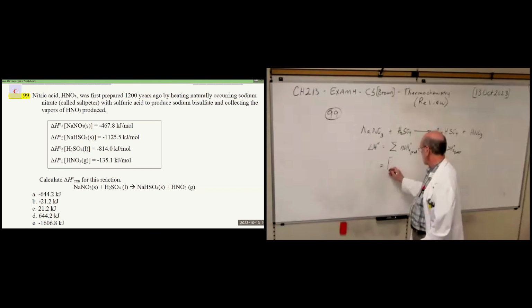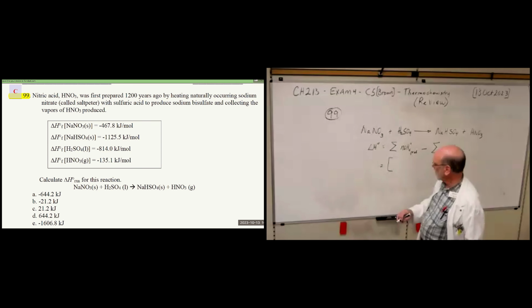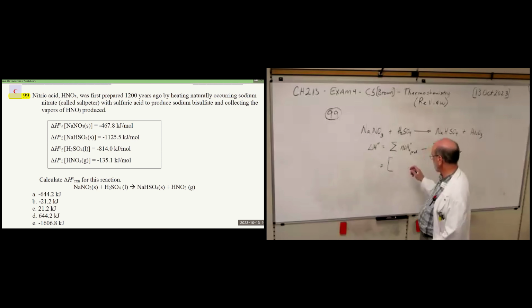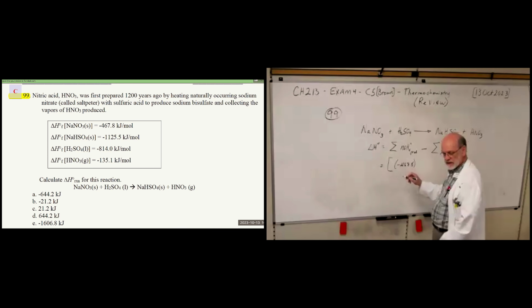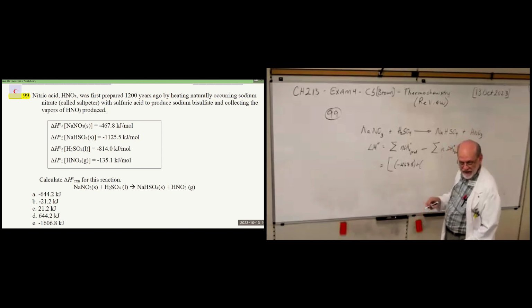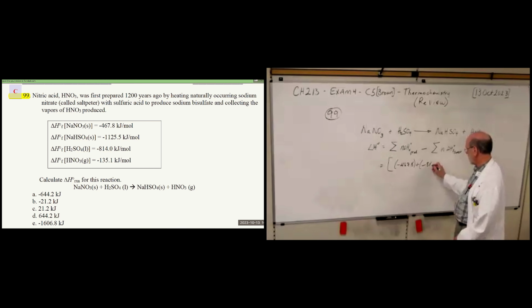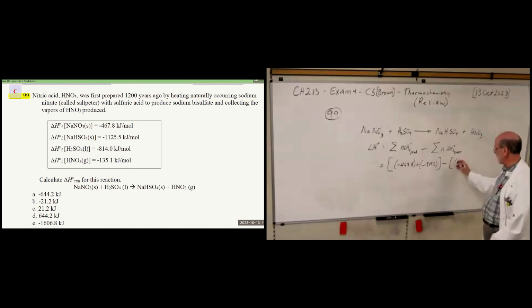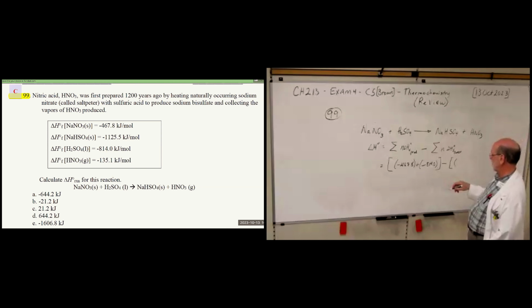Okay, so how about the products? Well, the products are sodium nitrate, which is minus 467.8 kilojoules. And then we add sulfuric acid, minus 814 kilojoules. And then we subtract whatever we get in this one. Wait a minute. I did that wrong, didn't I? I sure did.